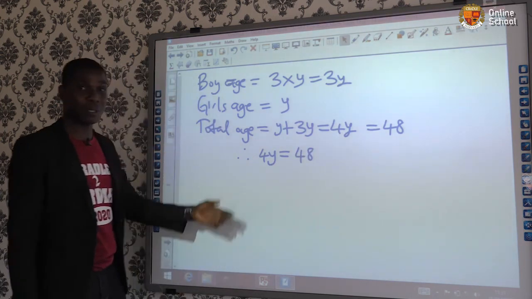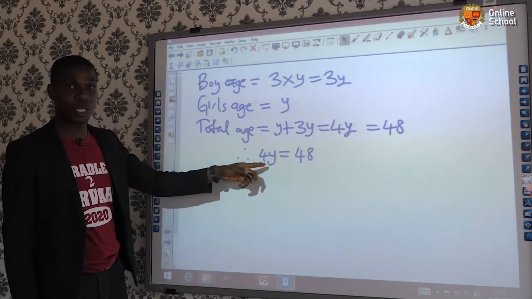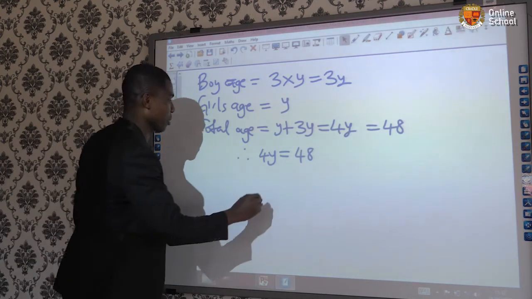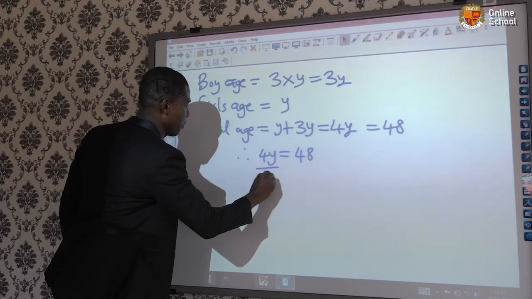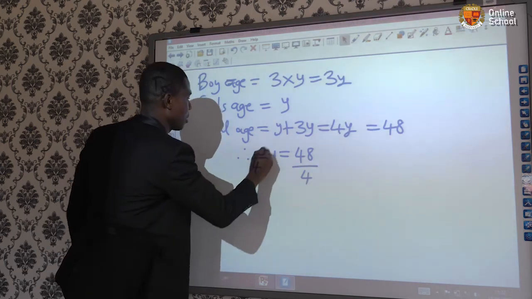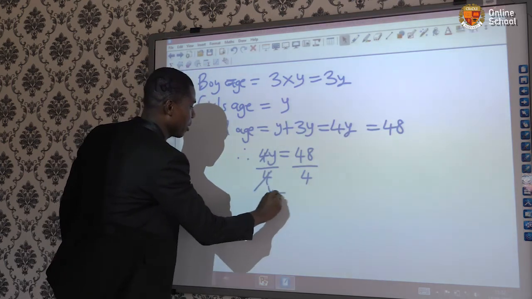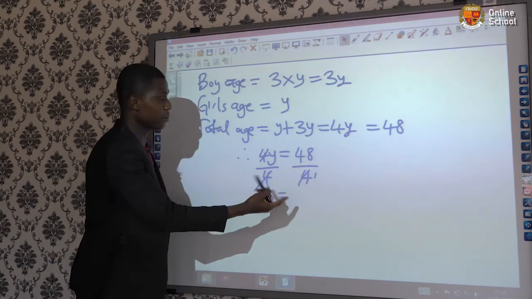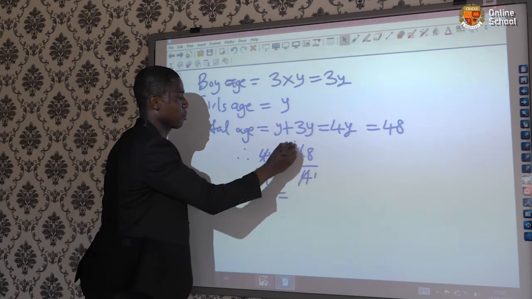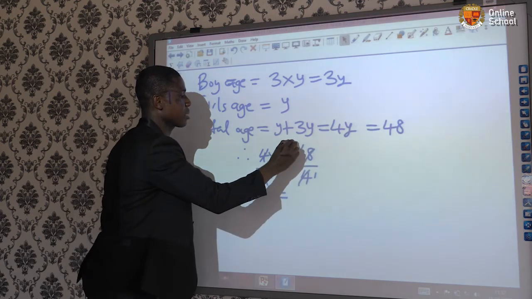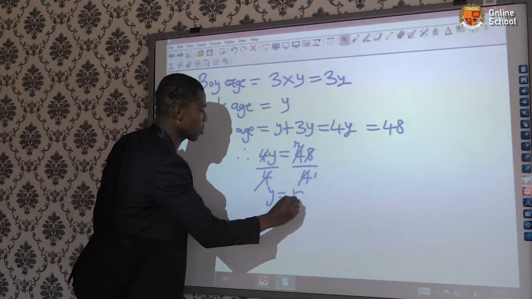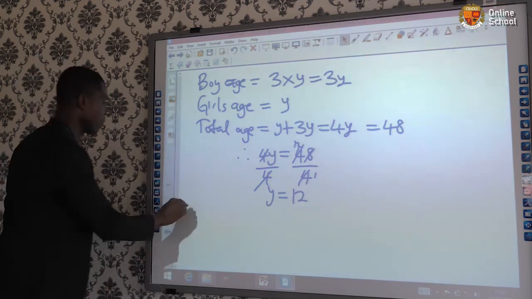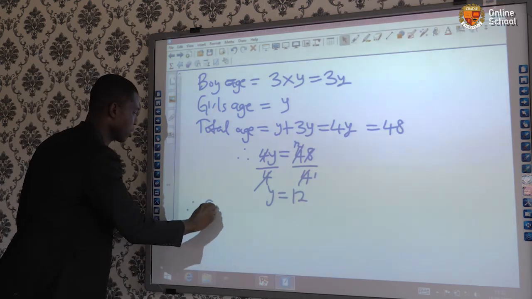You have to divide both sides by the coefficient of Y, which is 4. So 4 over 4 is 1, and 4 into 48 is 12. Y is 12.